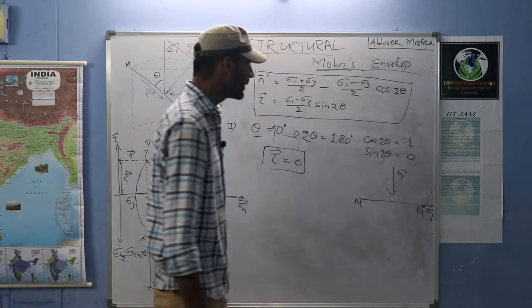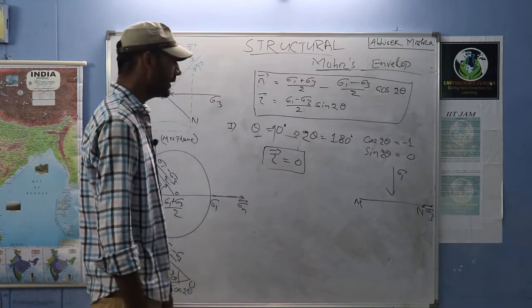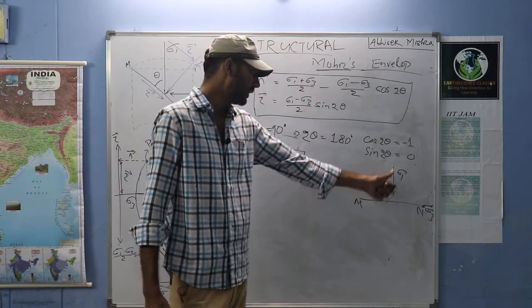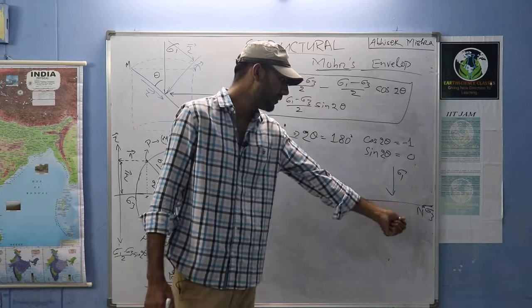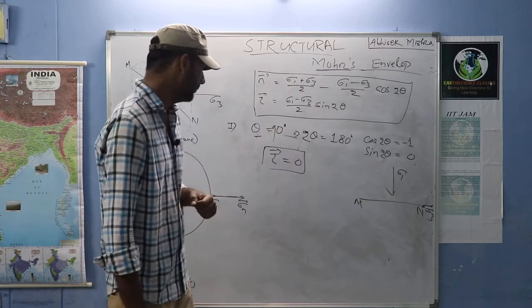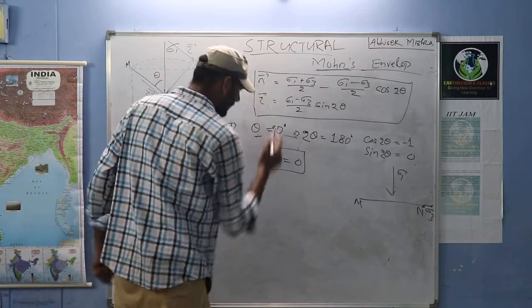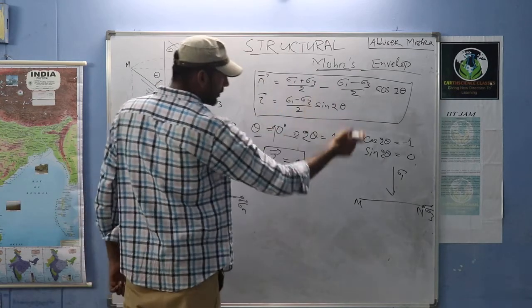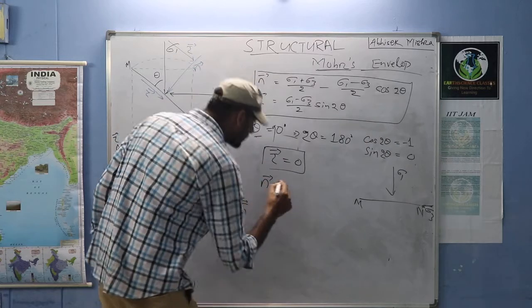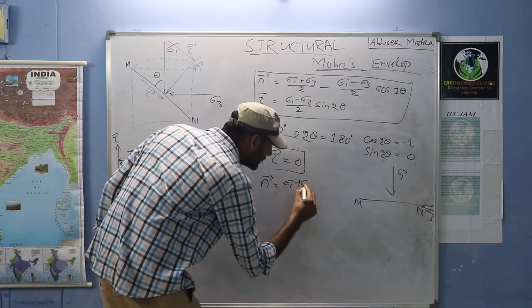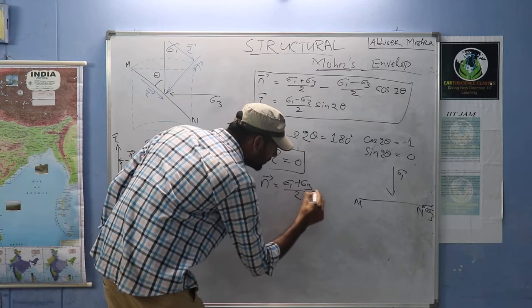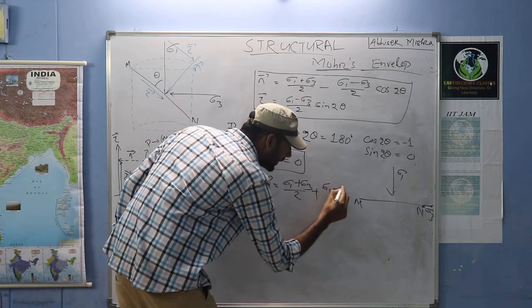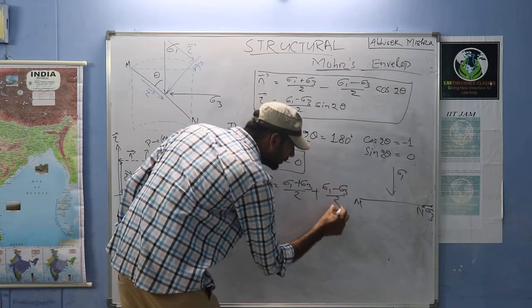Now you can see sigma 1 is acting perpendicular to the plane. I have told you whenever any principal stress is acting perpendicular to a plane, we will find no shear. Then calculating for normal stress, cos 2 theta, I have told, is -1, so it will become (sigma 1 plus sigma 3) by 2 plus (sigma 1 minus sigma 3) by 2.